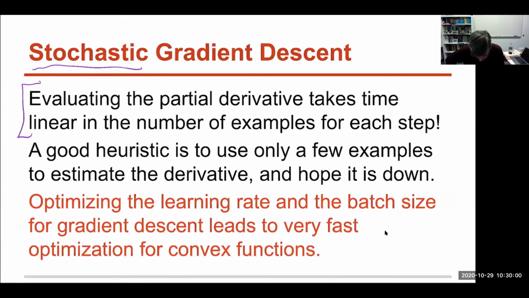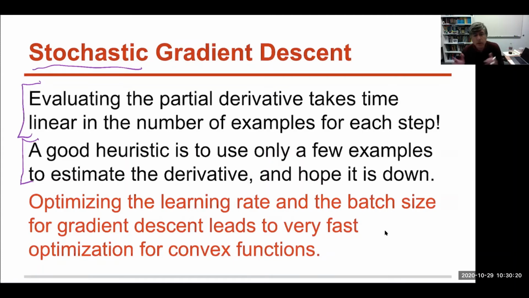What if, instead of using all the points to do the estimate, we take a random sample of the points and use that random sample to give us an idea of which direction is down?